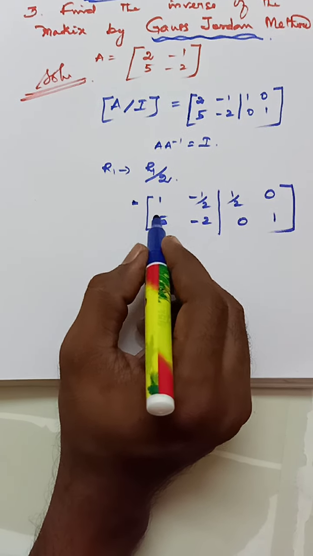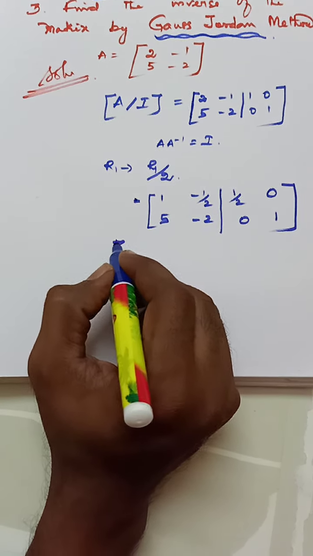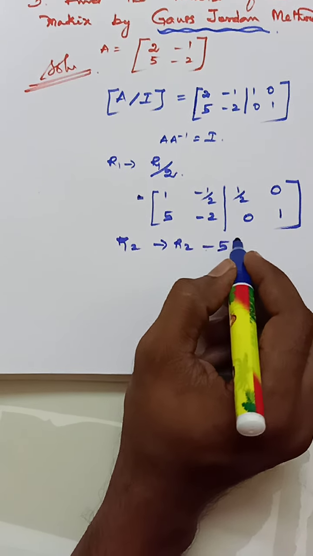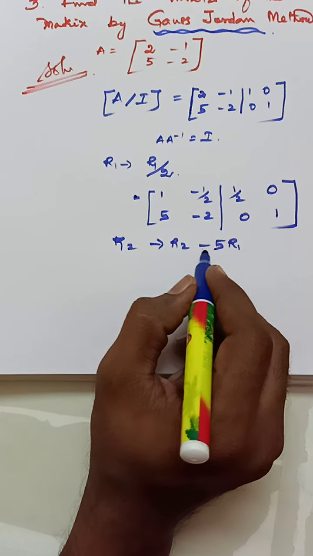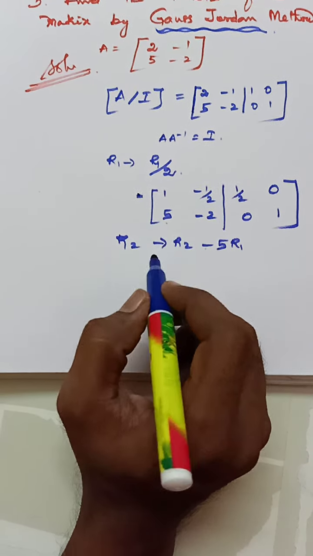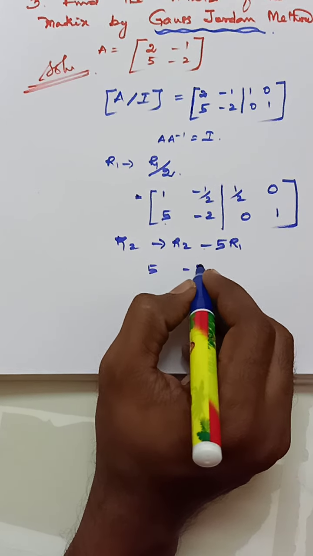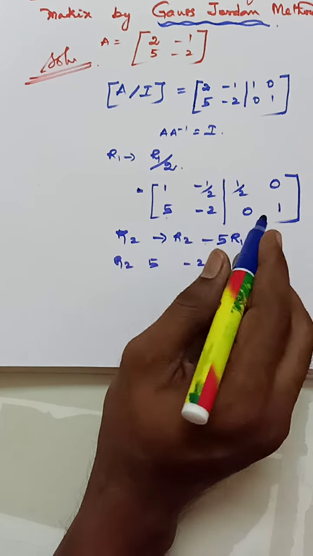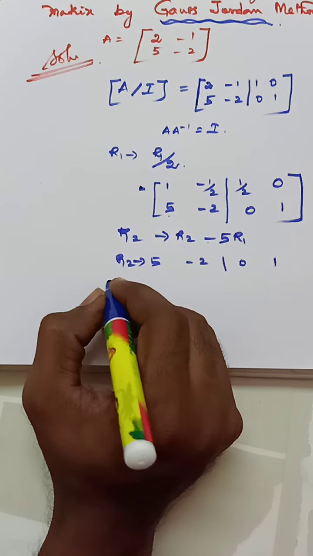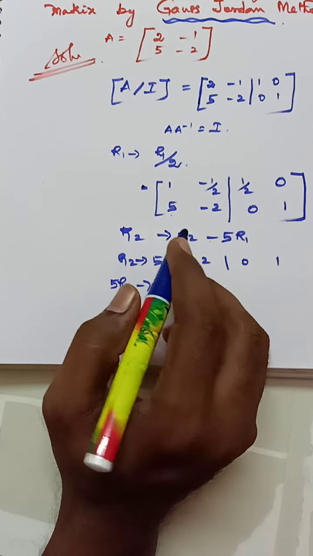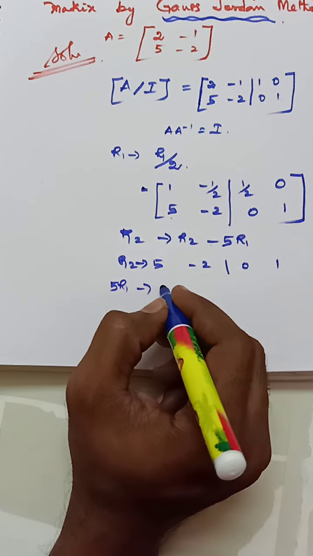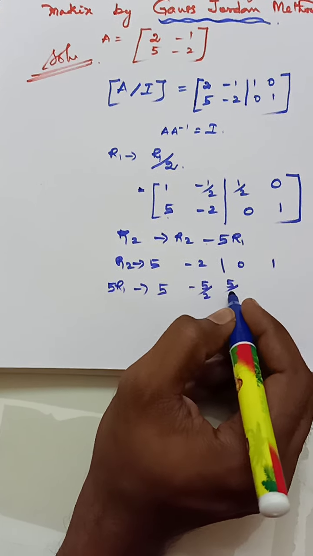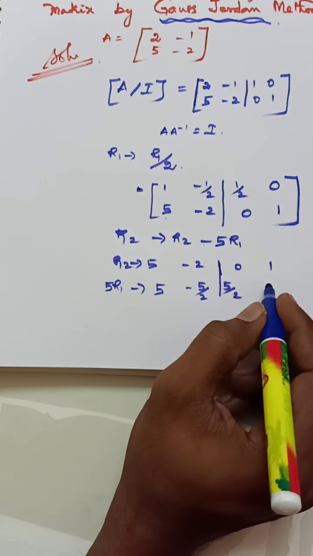And here I need 0. Your R2 tends to R2 minus 5R1. So here you have 5, minus 2, 0, 1 for R2. Both sides we have to apply, and 5 times your R1, we are multiplying this by 5, so 5, minus 5 by 2, plus 5 by 2, and 0.